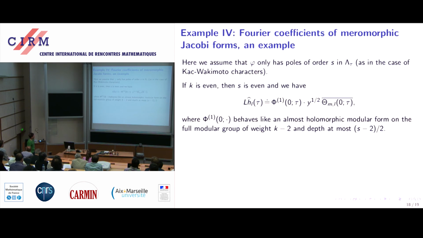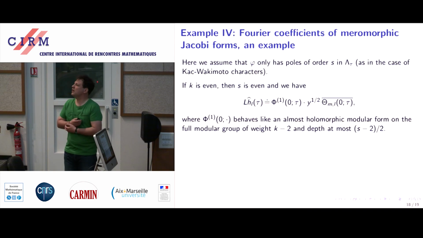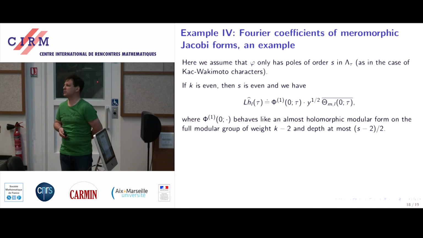And then you can consider if the weight is even, then that actually means that the Jacobi form is even, and that means that the order of the pole has to be even, and you just get this. One of the terms immediately drops out. The finite sum is only one thing, so it's just one simple product of the complex conjugate of a theta function, and you have this almost holomorphic modular form.